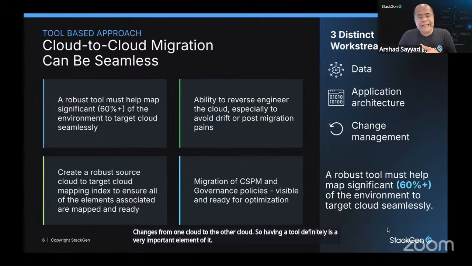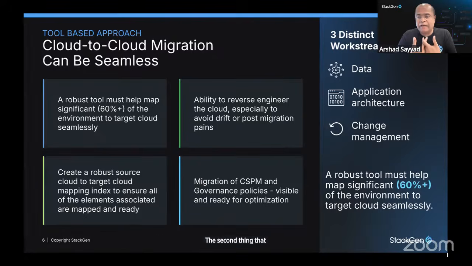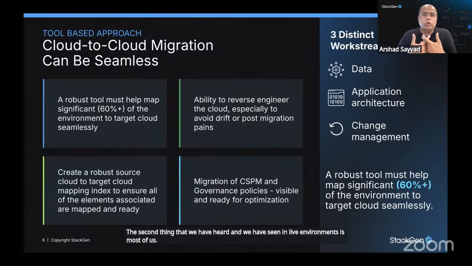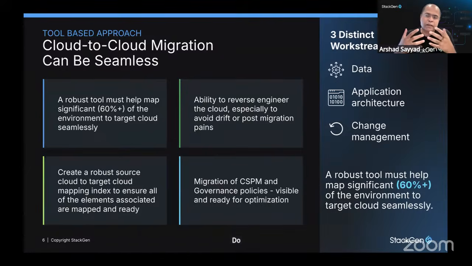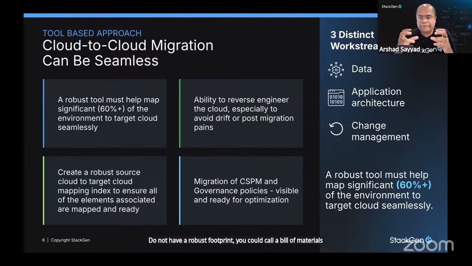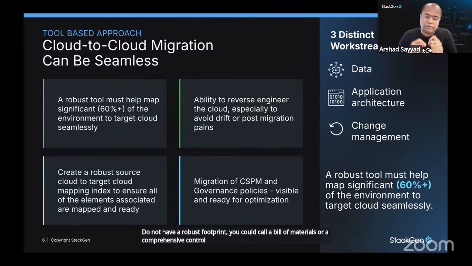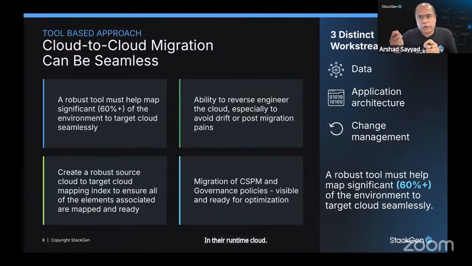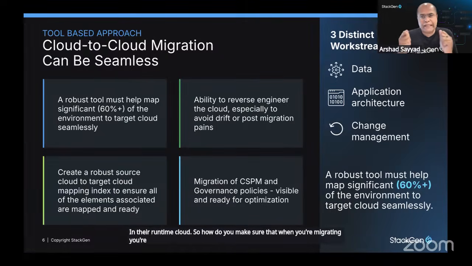The second thing that we have heard and seen in live environments is that most clients and businesses do not have a robust footprint, you could call it a bill of materials, or a comprehensive control of every single resource in their runtime cloud. So how do you make sure that when you're migrating, you're doing a very tight migration at the deepest level?